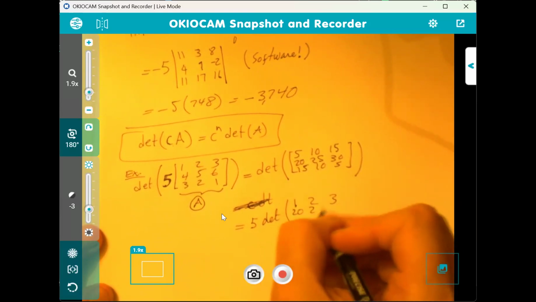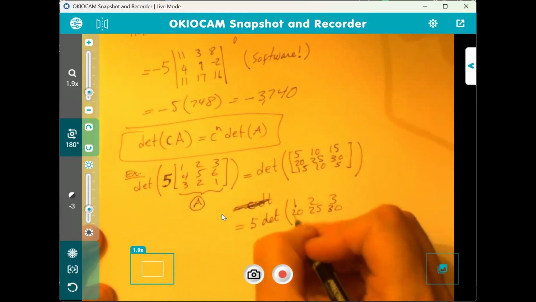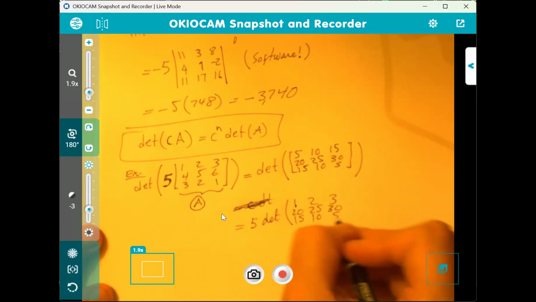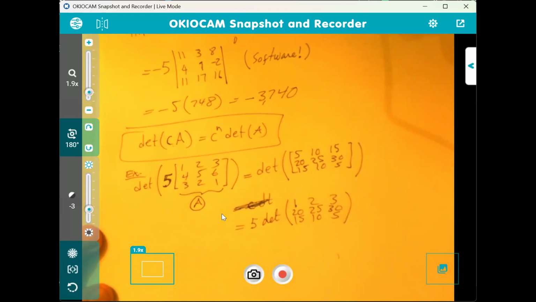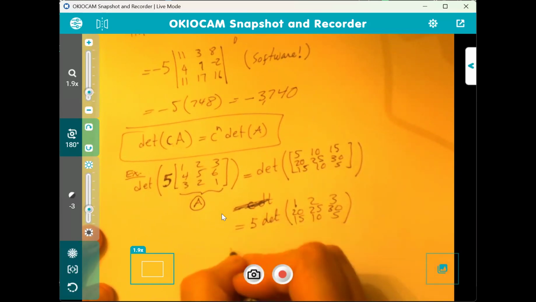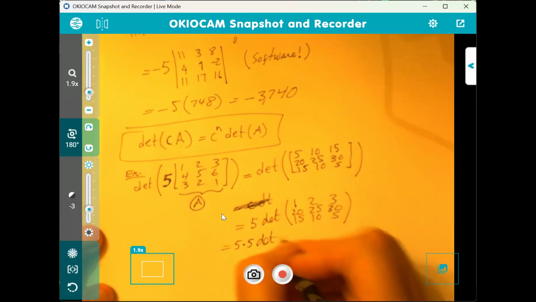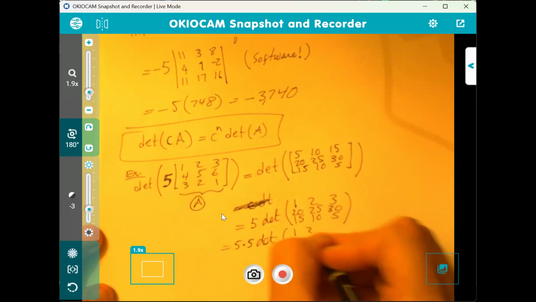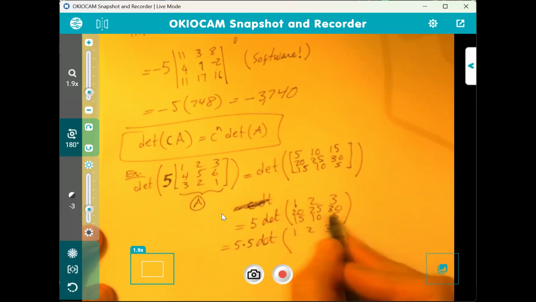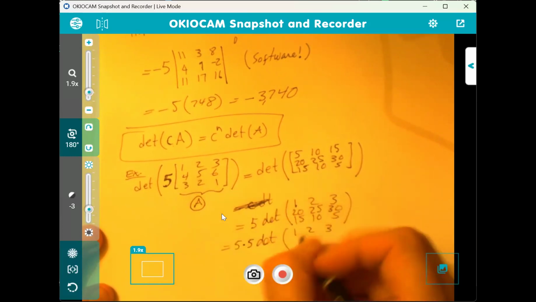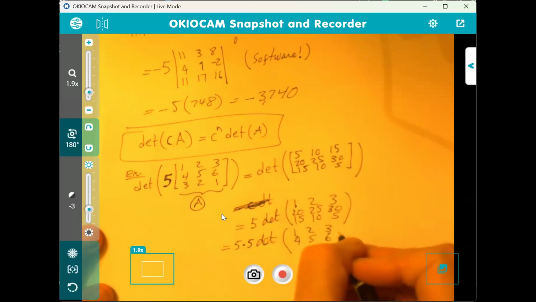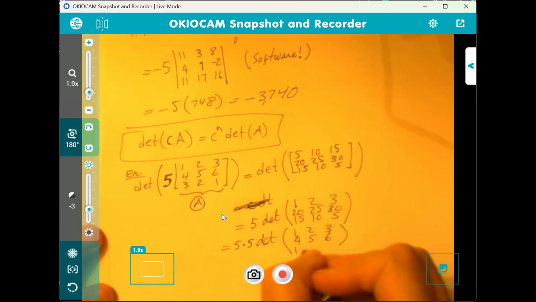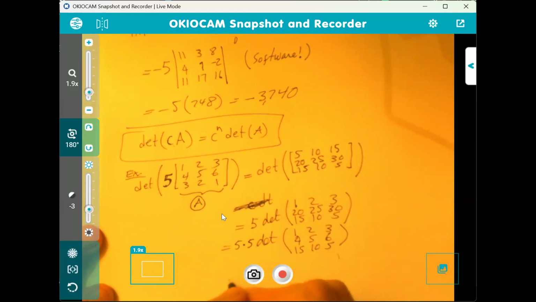Then I have 20, 25, 30, 15, 10, 5. Next, I'm going to factor a 5 from the second row. First row, don't do anything. Factor a 5, so I'm going to get 4, 5, 6. And I still have the third row, 15, 10, 5.